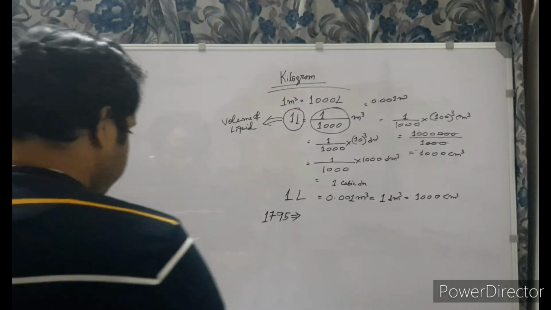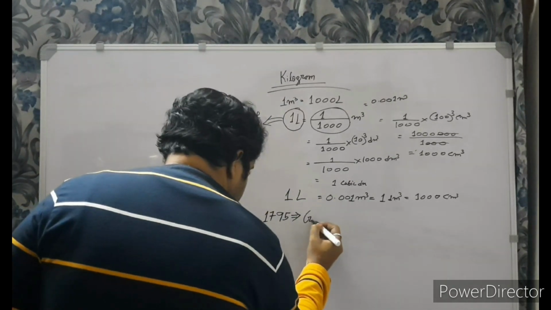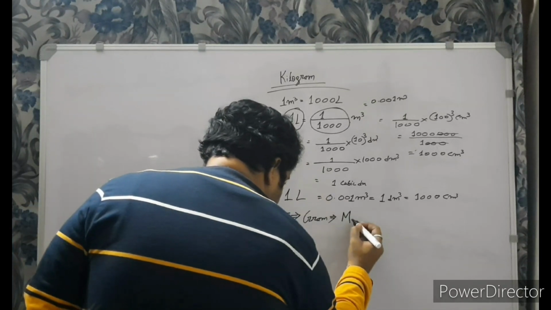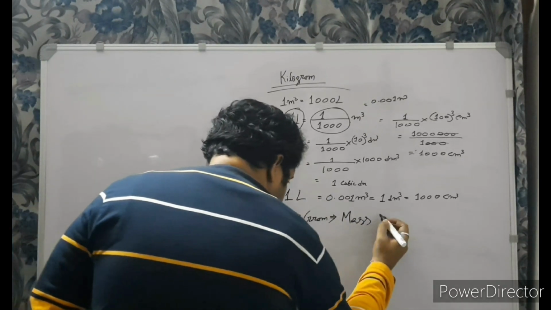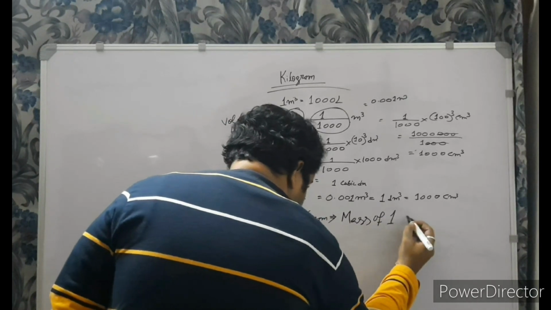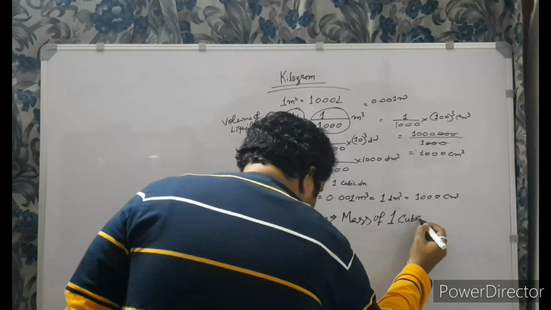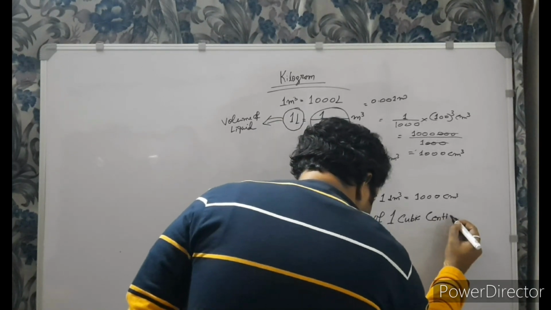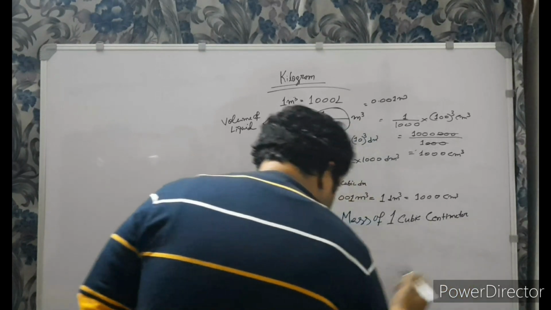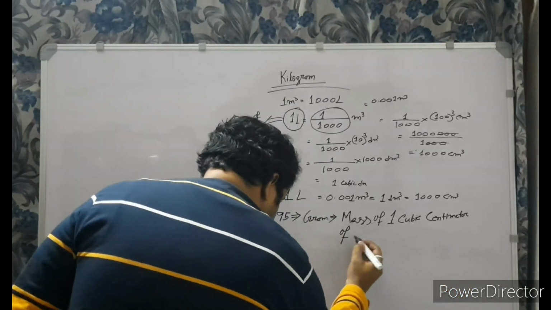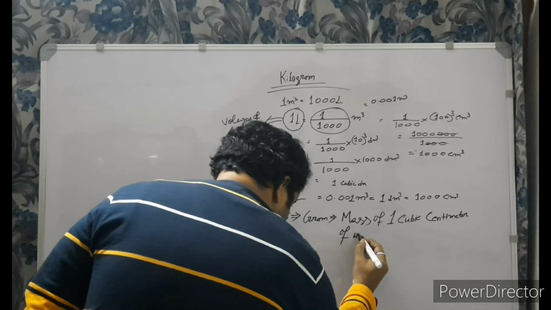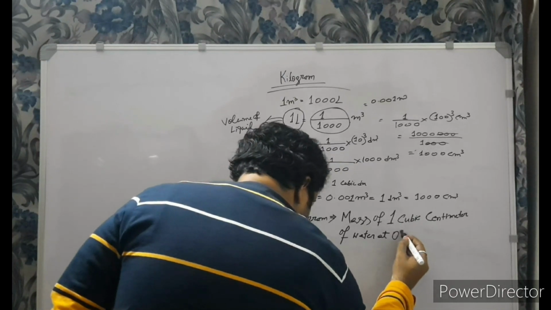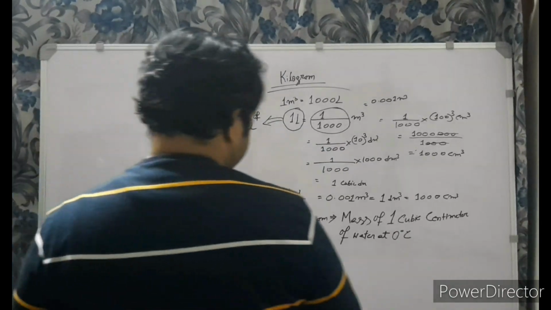In 1795, gram was defined as the mass of 1 cubic centimeter of water at 0 degree centigrade.